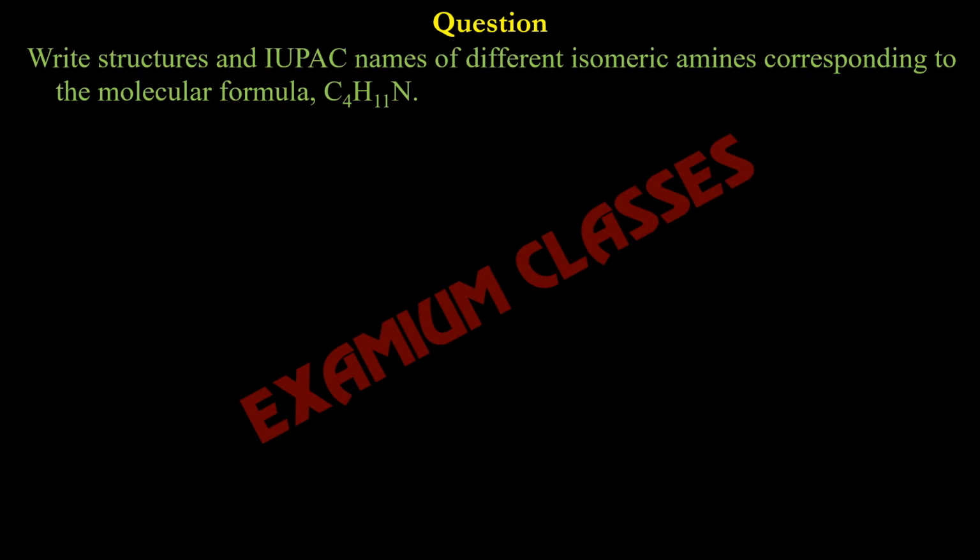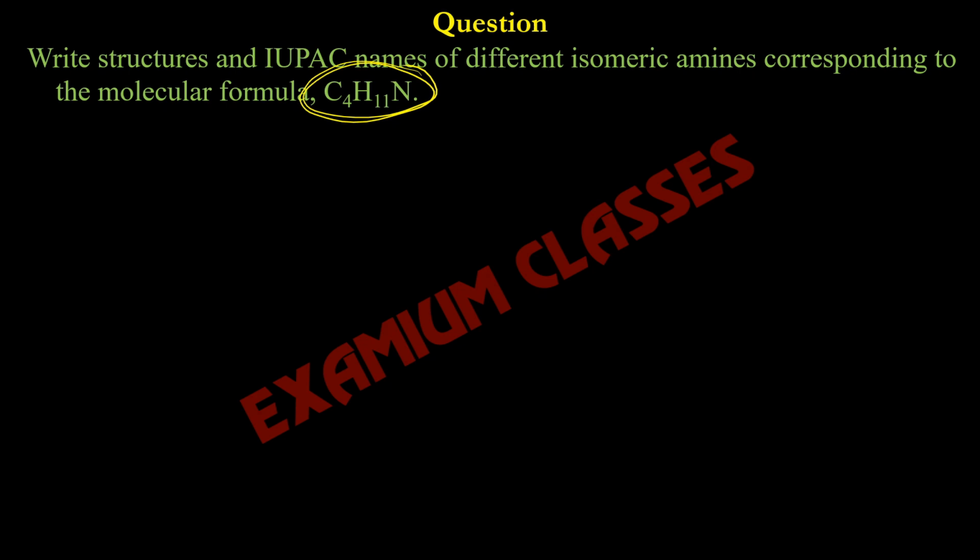Now in the last, very good question, and it actually covers all the isomers and also covers the IUPAC names. So that's why it is important. So the question is that you have a compound with molecular formula C4H11N. You need to write all the isomers and their IUPAC names. So how do you write isomers? The best way is to first consider primary amines, then secondary amines, then tertiary amines.